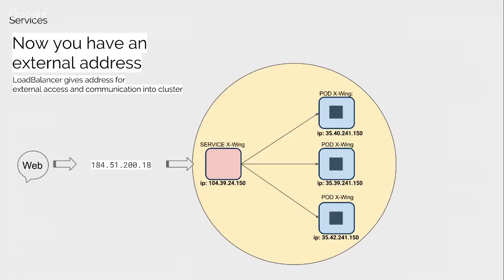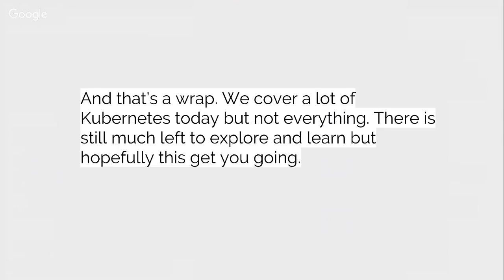That gives you an external IP address that you can access from anywhere on the web. Again, it's going to come in and hit that service, and that service is going to be backing those X-Wing pods, the same as before, but now it's an external address. And that's about it.